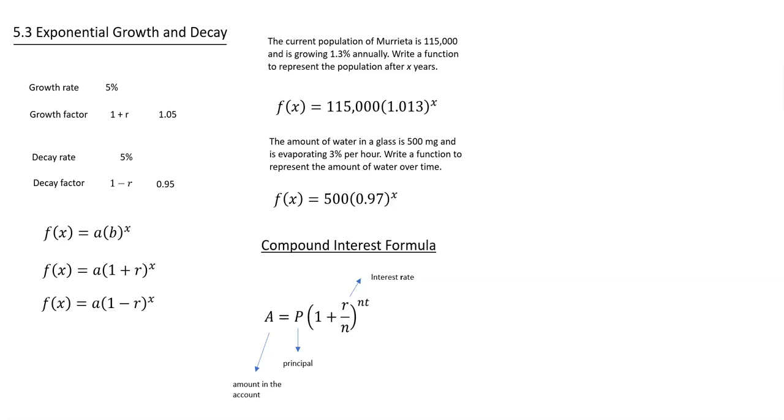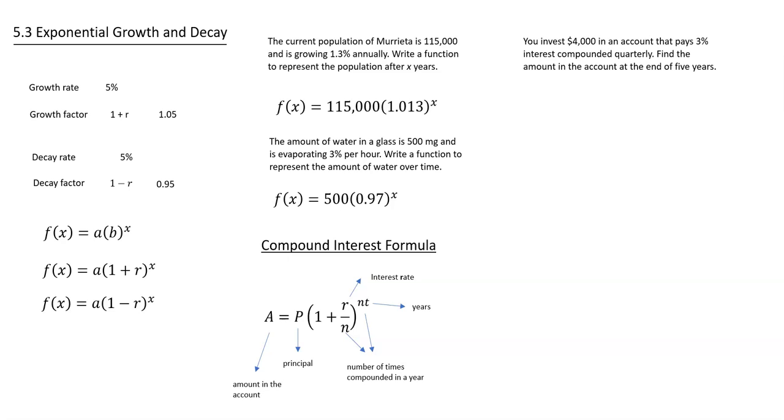R is the interest rate. N represents the number of times we're compounding in a year. So if we're compounding every month, we would divide that interest rate by 12 and then do that 12 times a year for t years. T is the time, the number of years.